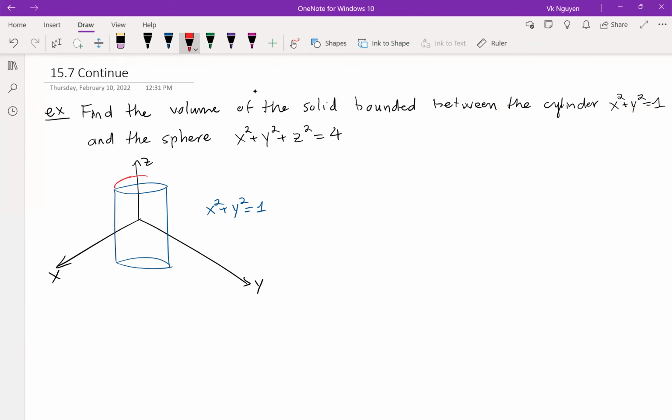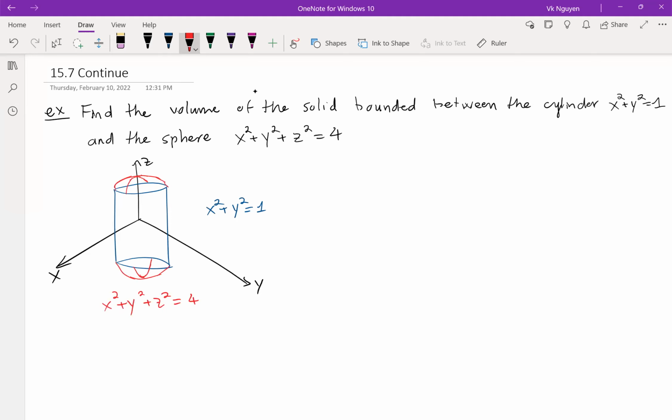And the sphere, x squared plus y squared plus z squared equal 4.